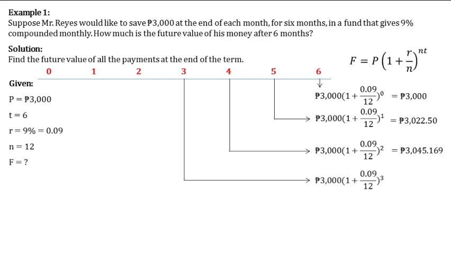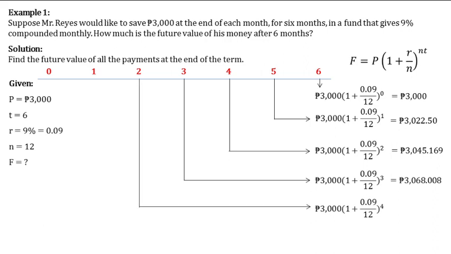Then for the 3rd month, it is 3,000 times 1 plus 0.09 over 12 raised to 3. It is equal to 3,068.008. Then at the 2nd month, 3,000 times 1 plus 0.09 over 12 raised to 4 is equal to 3,091.018.